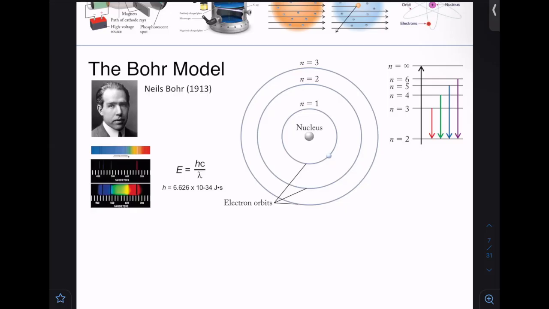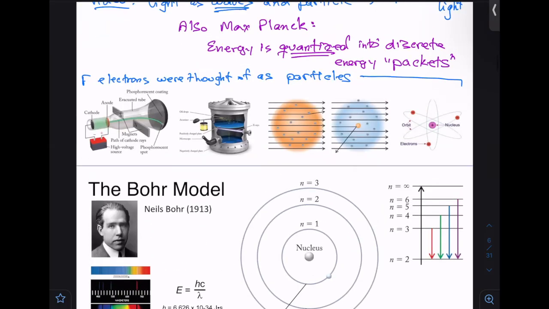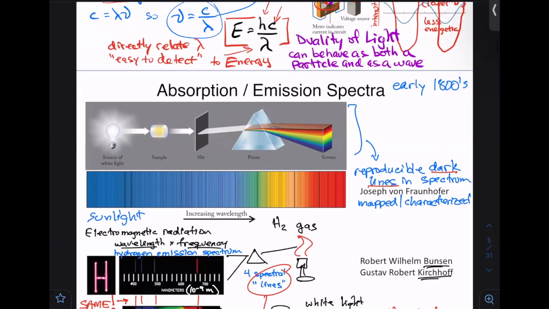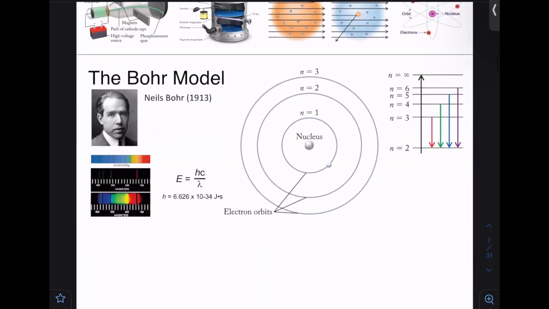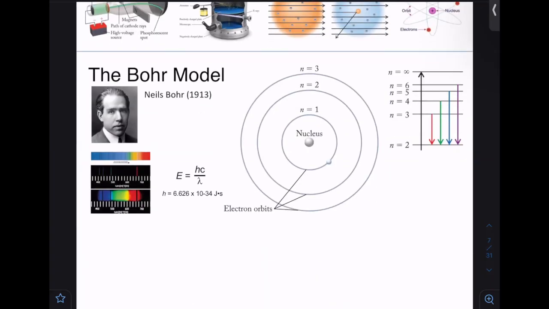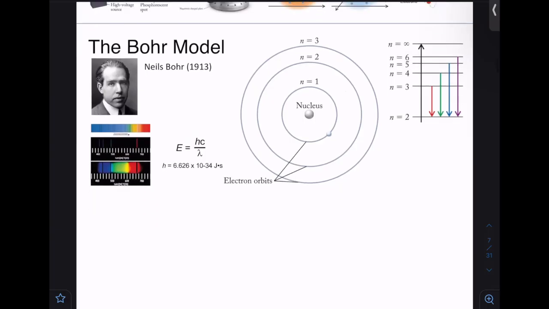Now, this work was done in 1913, so it gives you an idea of the time scale, because we started talking about this stuff in the early 1800s. So it took a while, all right, to come up with the next step. But what Bohr did was he took a look at these individual ideas. He took a look at the Balmer and Rydberg measurements, right?